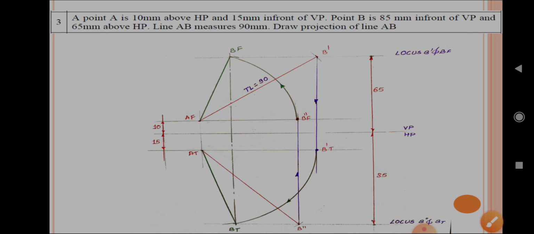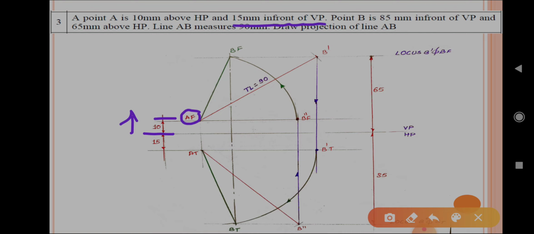The third problem. In this problem, point A is 10 mm above HP and 15 mm in front of VP. So A F we can mark 10 mm above HP, and A T we can mark 15 mm in front of VP.